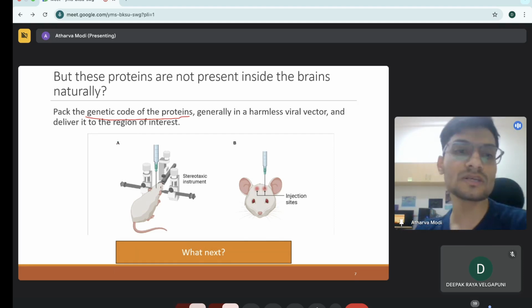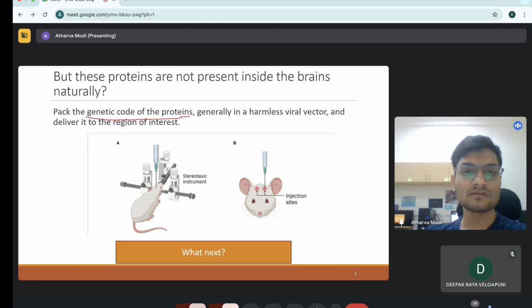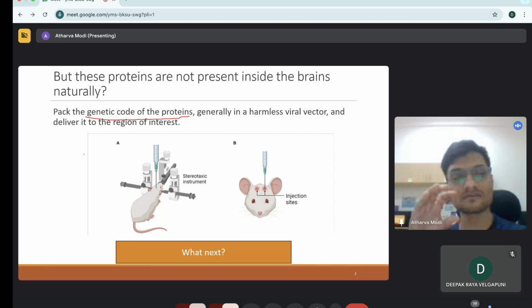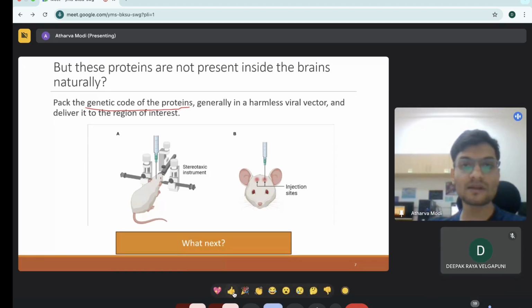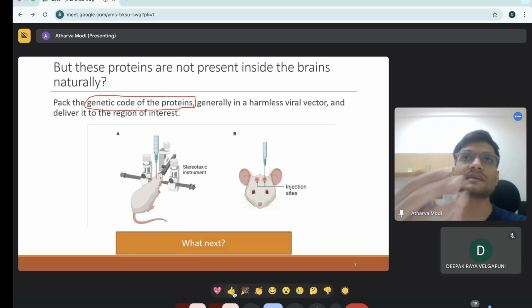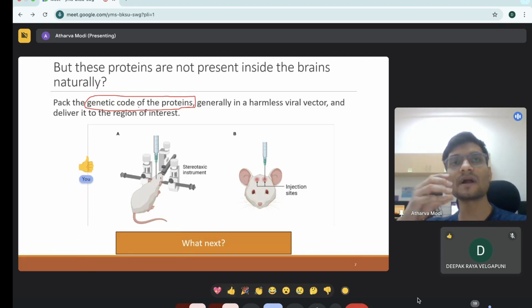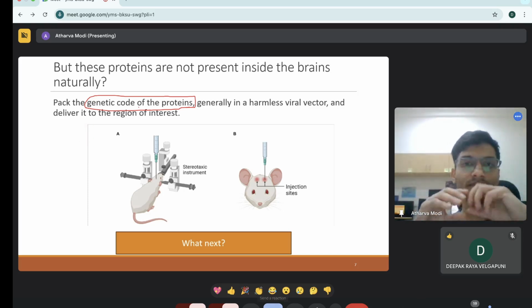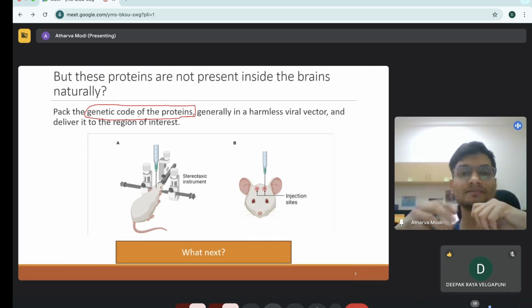So what we do is, this genetic code is not changing the inherent DNA present in the nucleus. It is also DNA, but a piece of DNA that is expressed separately. Basically, it is not part of the main double helix DNA that the rats have in their nucleus.